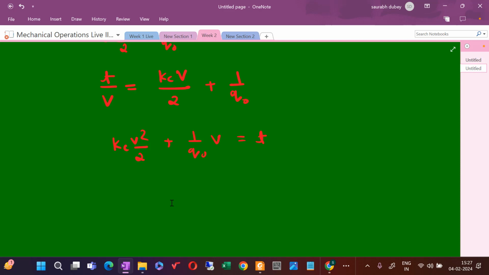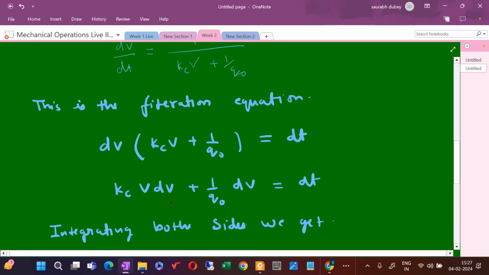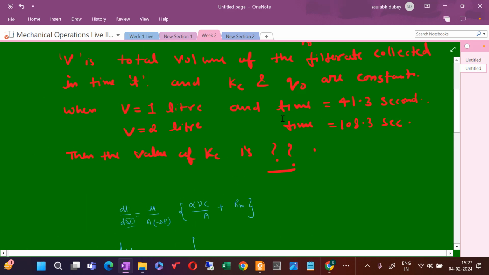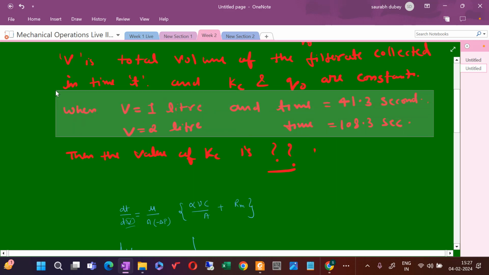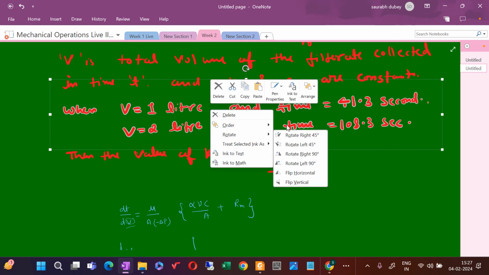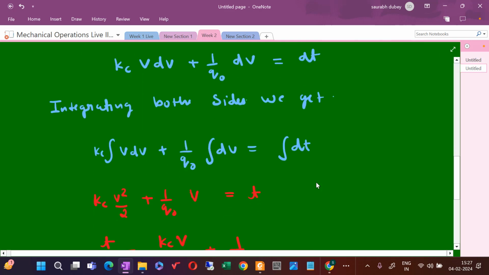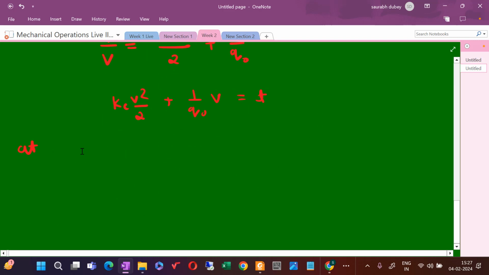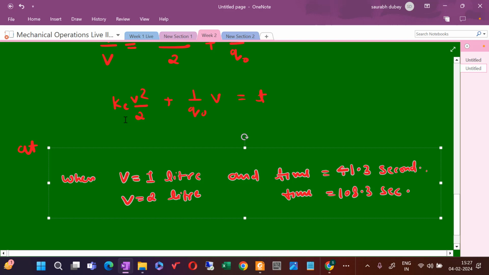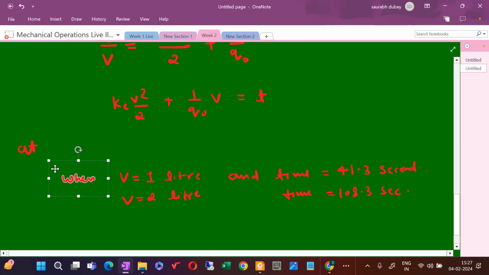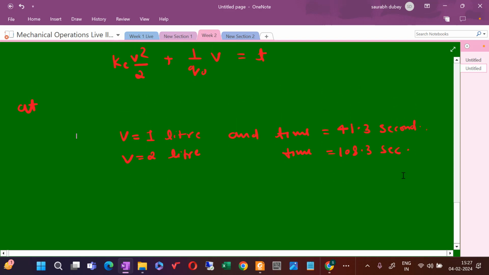So in this, it is given that at V equals to 1 liter, time is 41.3 seconds, and at V equals to 2 liter, time is 108.3.